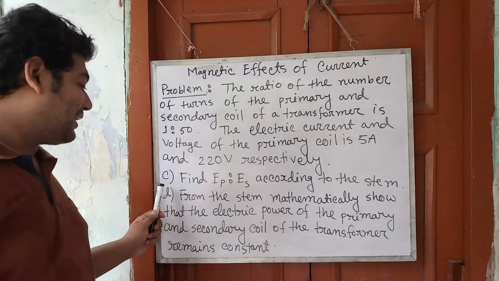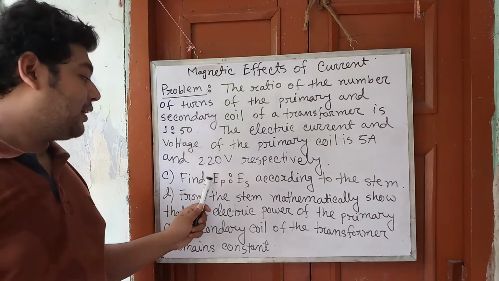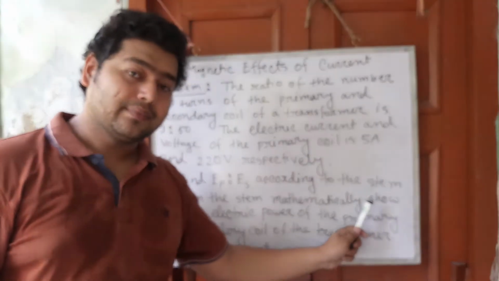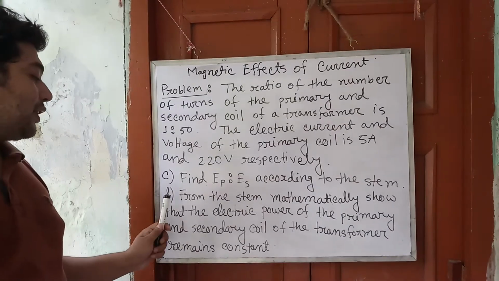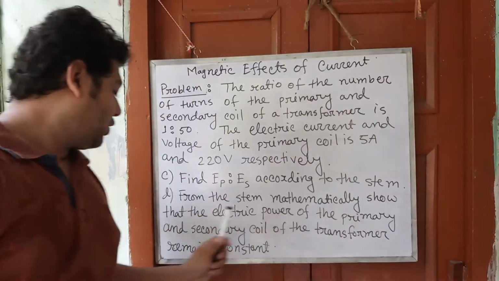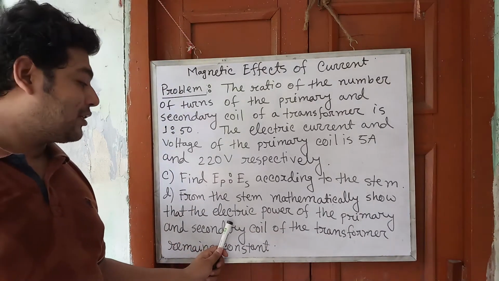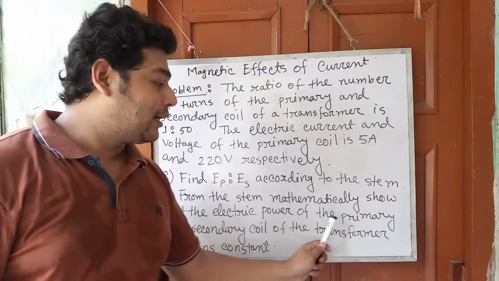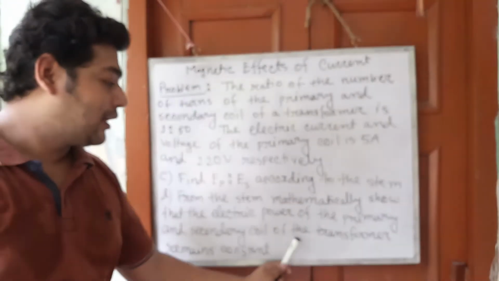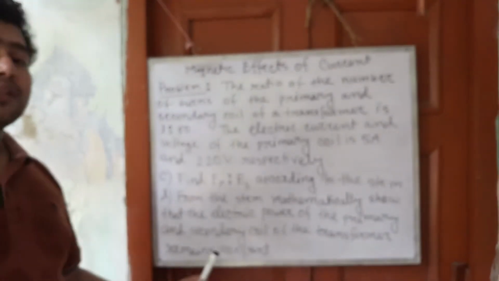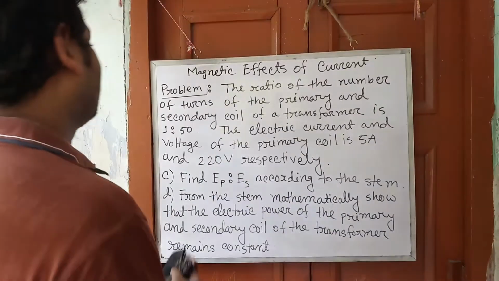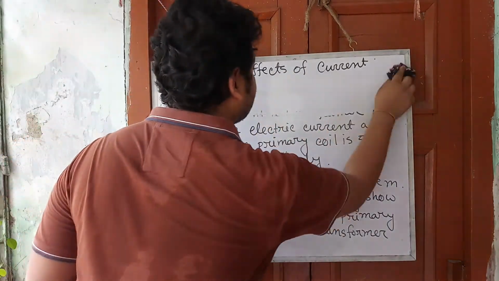Then question number C is find EP is to ES according to the stem. And question number D is from the stem mathematically show that the electric power of the primary and secondary coil of the transformer remains constant. Okay. Now the solution.